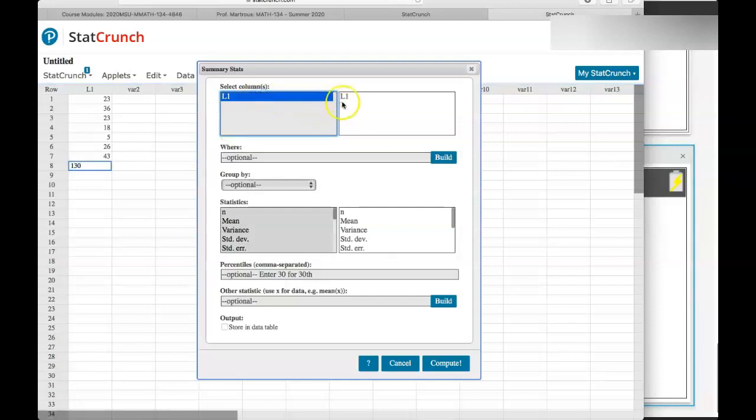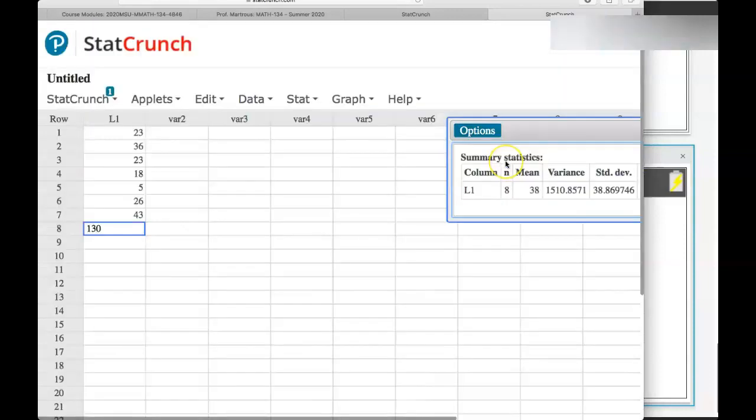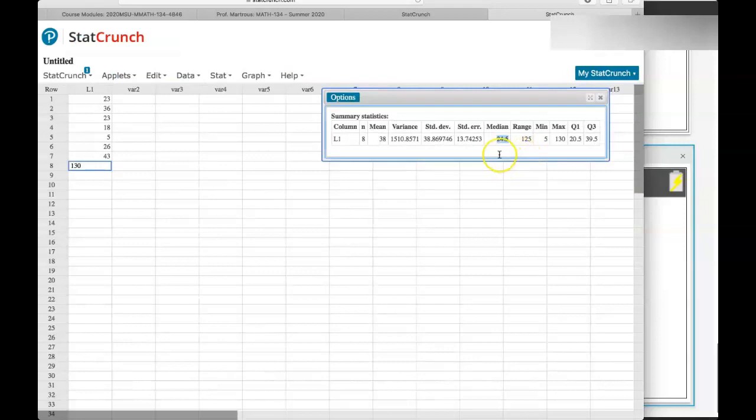Choose that one. You should have L1 here. Then compute. Now let's see what this one is. Mean we got 38, so we have the same answer as on this board. Median is 24.5, exactly the same thing.